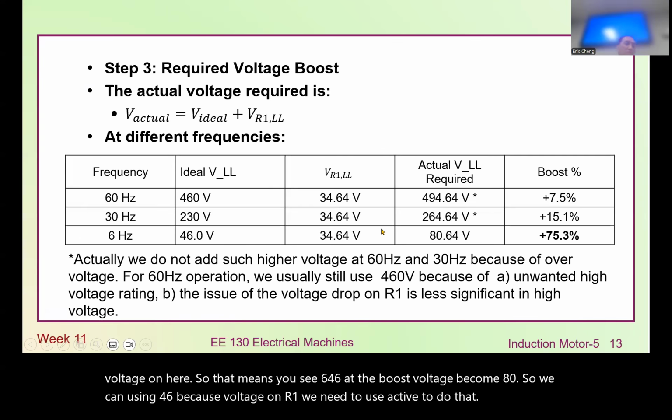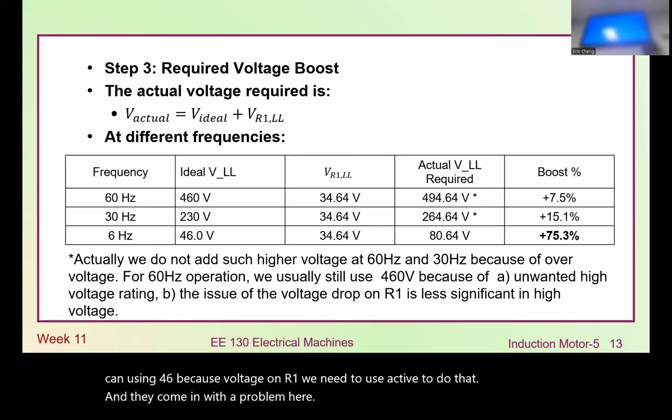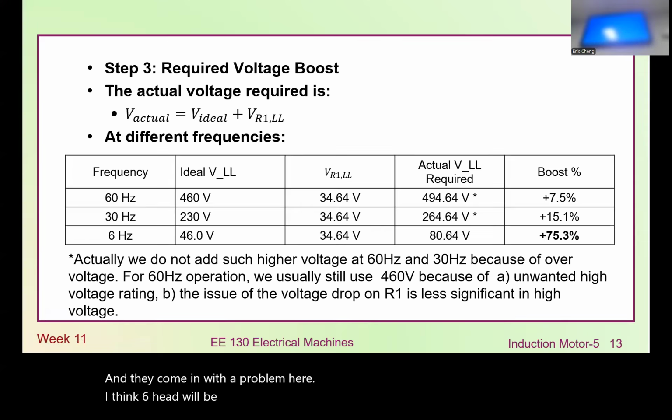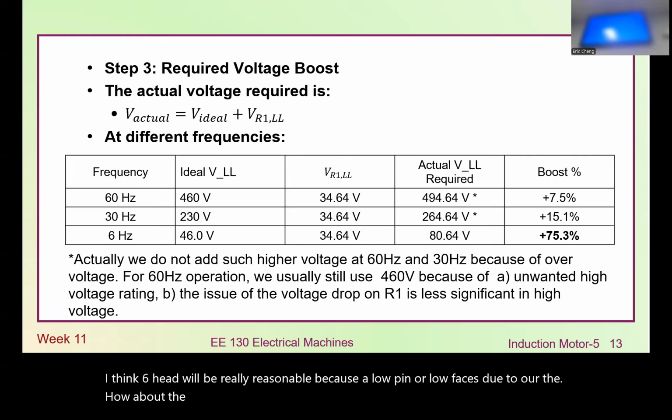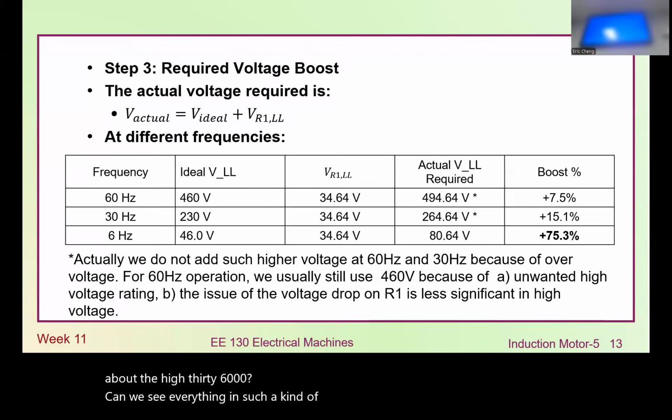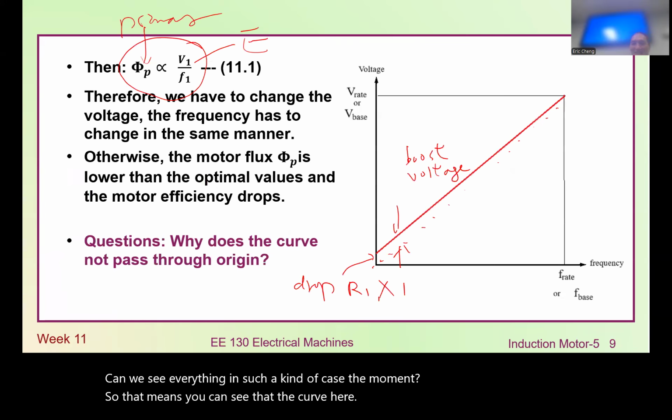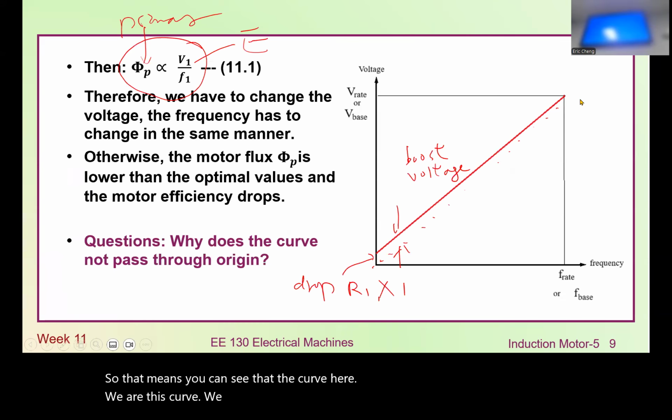And then coming back to our problem here. I think 6 Hz is really reasonable, because at low voltage, all the voltage is here due to R1. But how about a high voltage, at 30 or 60 Hz? Can we still add such a high voltage to the motor? Probably not, right? The motor would see such a high voltage. You can see the curve here, this curve we are only joining two points.